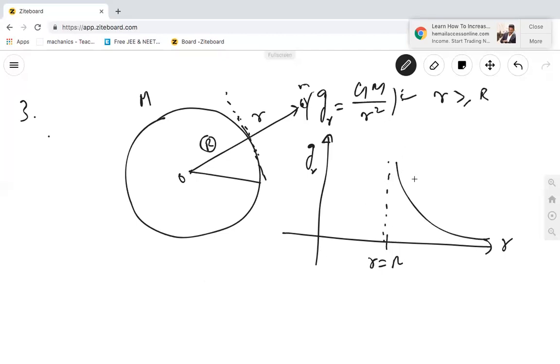You said rightly that acceleration due to gravity decreases as we go away, because g_r is inversely proportional to r square. But what about the graph from here to here?